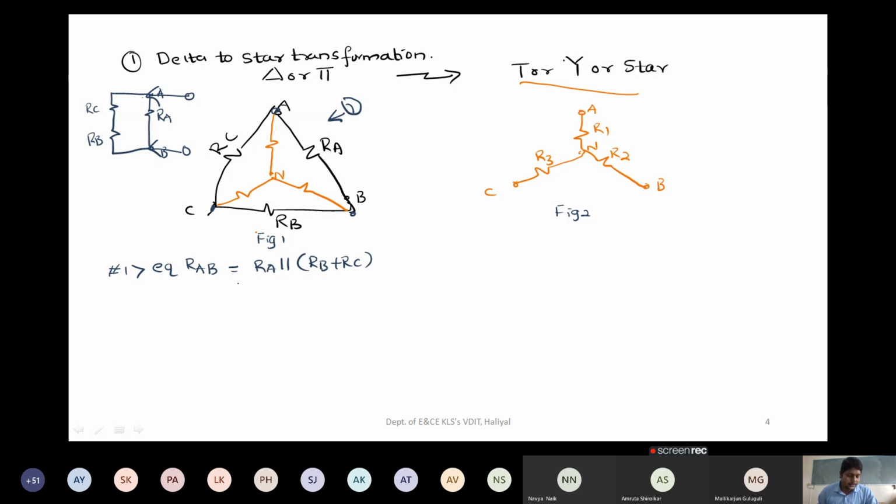Like one resistor R1 and another resistor R2, it will be R1 into R2 divided by R1 plus R2. So R1 into R2 means RA into (RB plus RC), divided by the summation of the three, RA plus RB plus RC. Let me call this equation number 1.